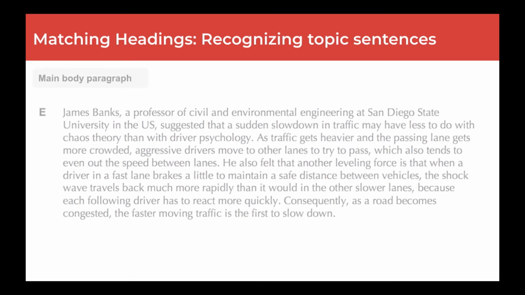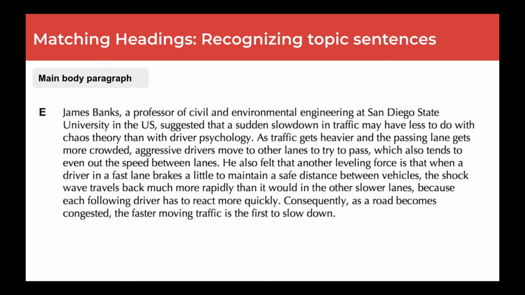And the final paragraph, which was E, and again, we were not sure whether it's a conclusion and how to read this paragraph, or whether it is a part of the main body paragraph. So I would start reading with the very beginning.